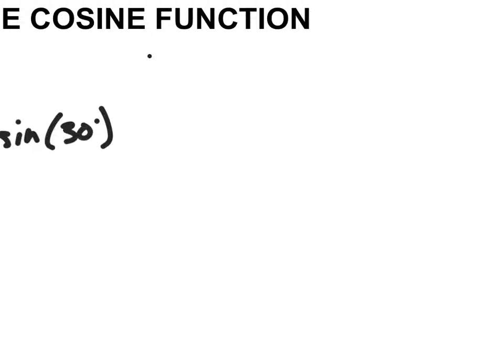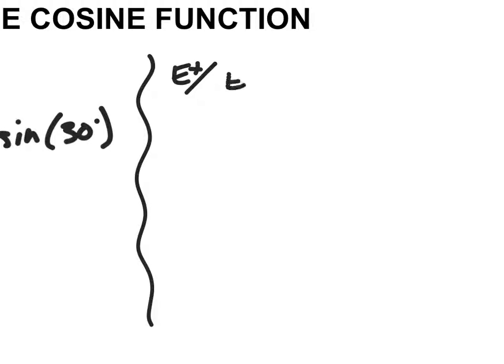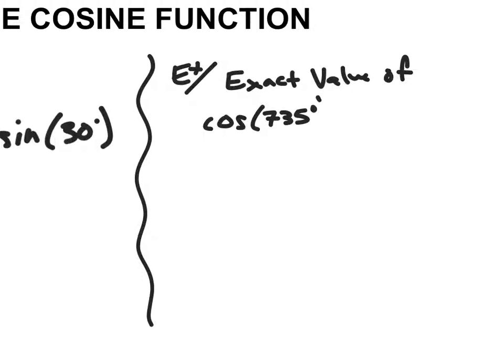Okay, same thing. We want to find the exact value of cosine of 735 degrees. This one's a little bit trickier because it's not apparent what we need to do.